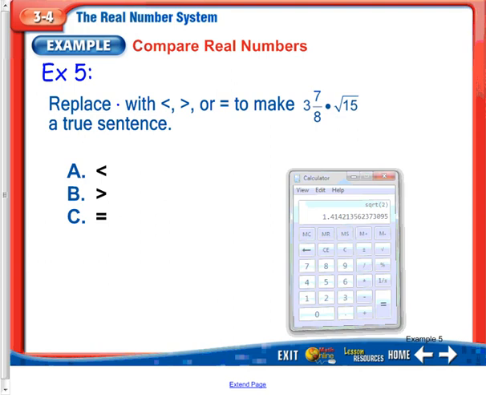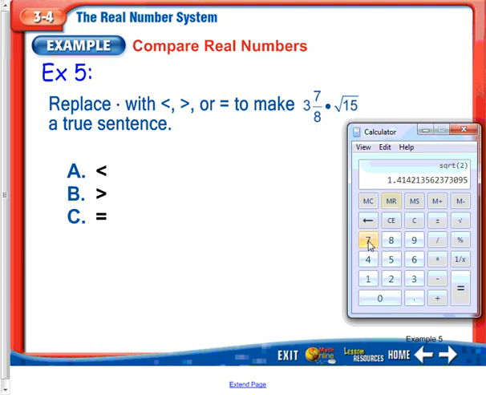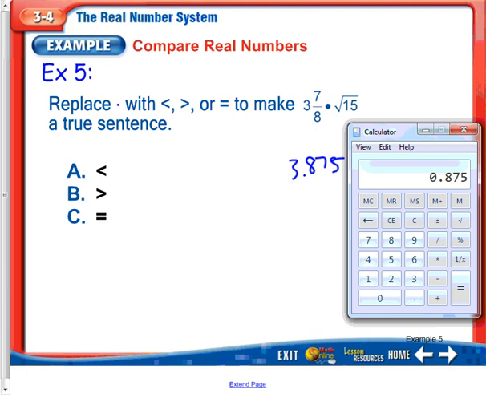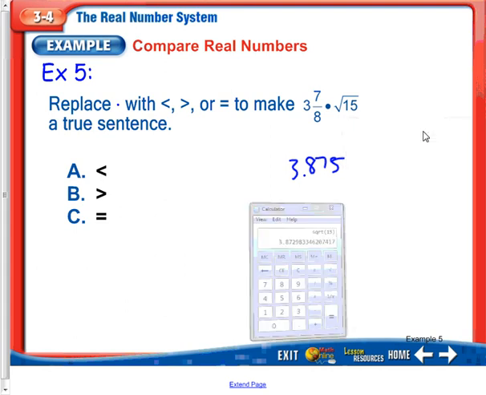So I'm going to take 3 7/8 and turn it into a decimal. So 7 divided by 8 equals 0.875. So I'm going to have 3.875, and then I'm going to want to take the square root of 15, and that's 3.872, and I can round that up to 3.873.